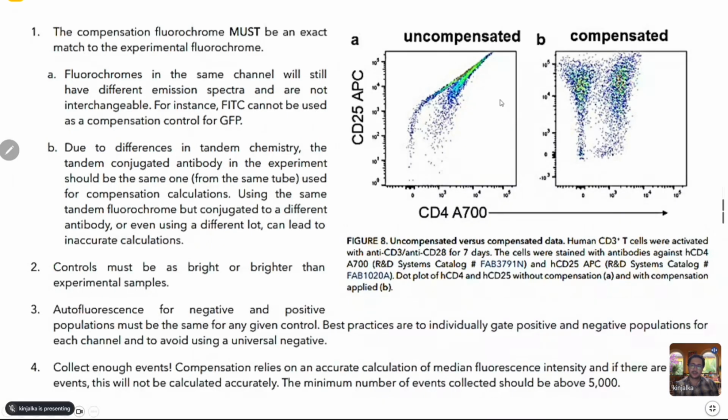So you see here, you have a whole bunch of green and blue mixing together, and you can't separate them. You have CD25 and CD4. CD25 is one of the markers which we use routinely even in our labs. It's the interleukin 2 receptor alpha chain, CD25.